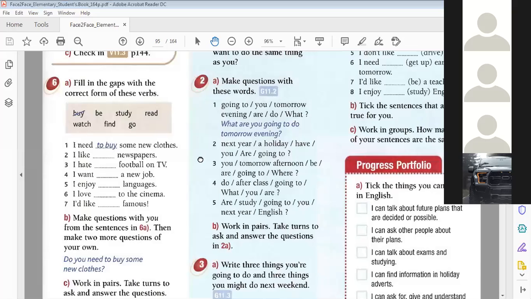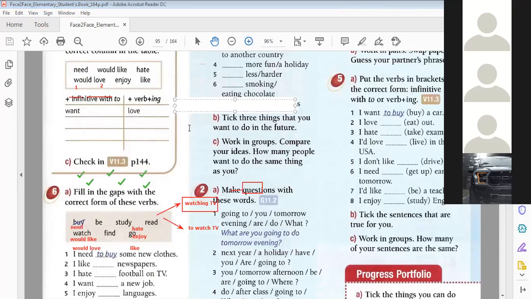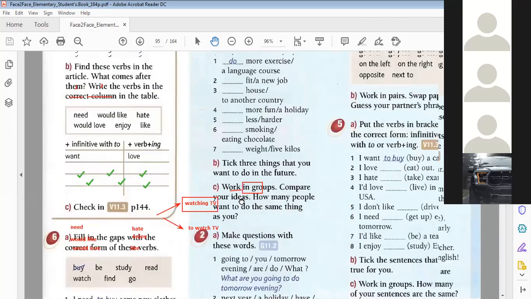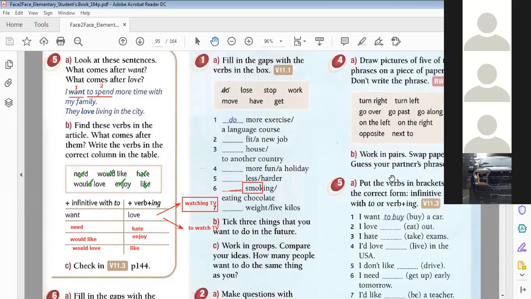I like to read is fine, correct, but it is better, because we used like, Rashid, to use ing. So this means it's better to say I like reading a newspaper. Correct. All right. So let's write I like reading a newspaper.